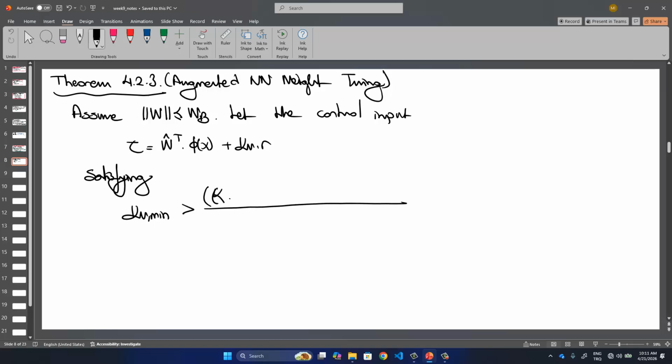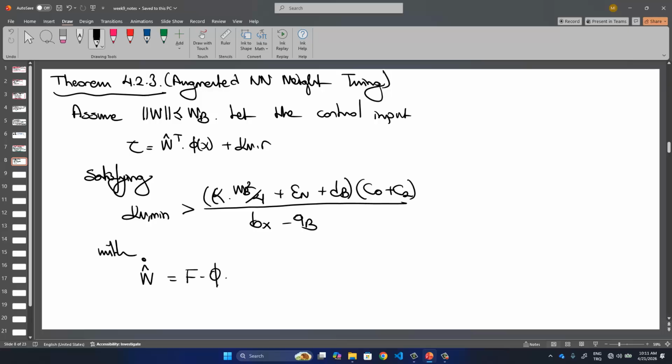Kappa times WB square divided by 4 plus epsilon N dB and C0, C2 and Bx minus QB, with W hat dot, which equals F times phi times R transpose.